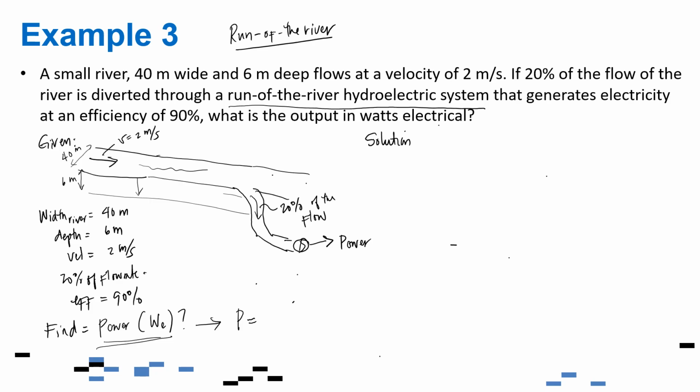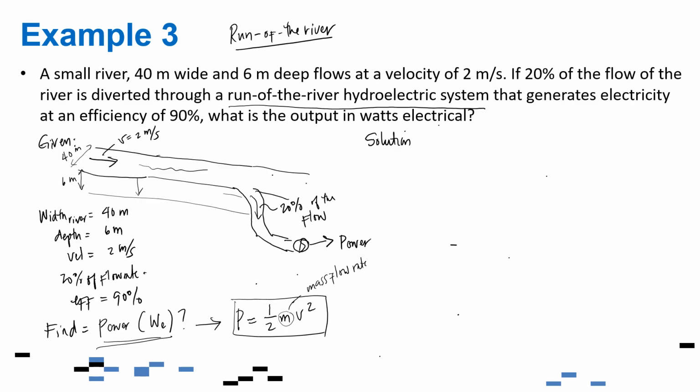This one is in terms of kinetic energy, so we have 1/2 m v squared. That is the kinetic energy of the river to get the power. So what is m? m is the mass flow rate.